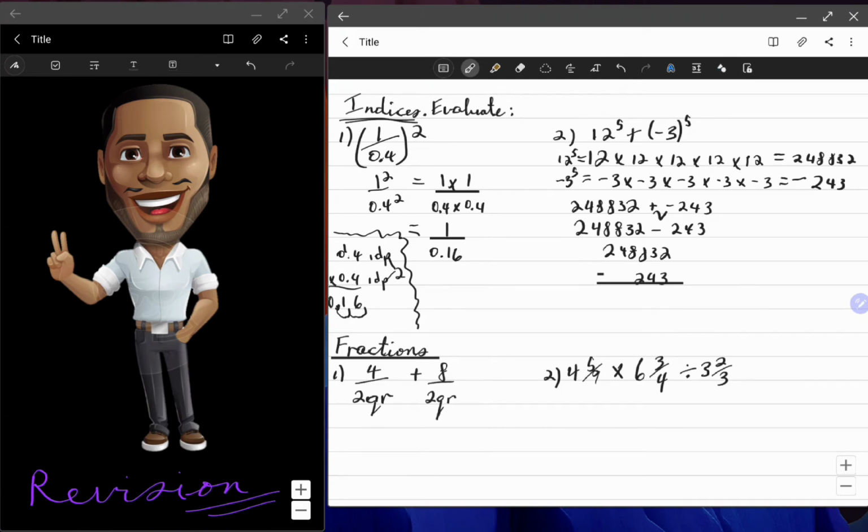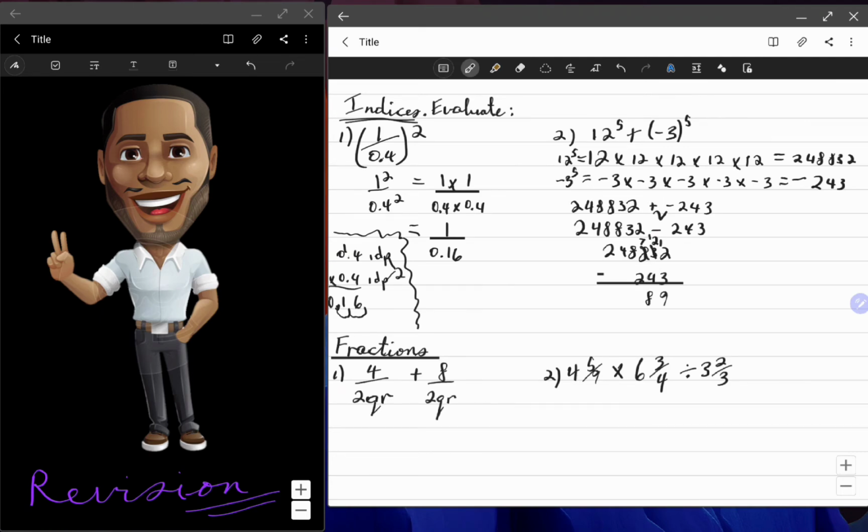2 minus 3, we can't, so we're going to borrow from the 3, leaving 2, carry over the 1, so we have 12, take away 3, which gives us 9. 2 take away 4, we can't, so we have to borrow from the 8, which leaves 7, carry over the 1, which gives us 12, 12 take away 4 gives us 8.